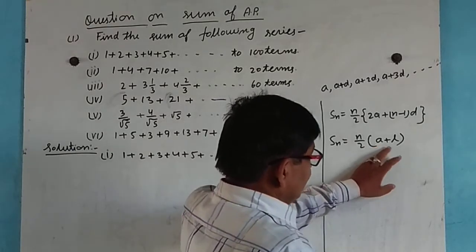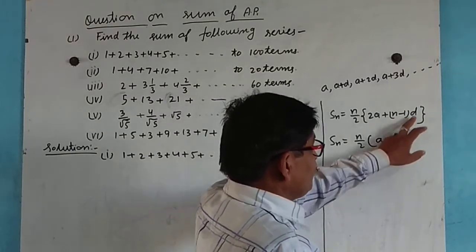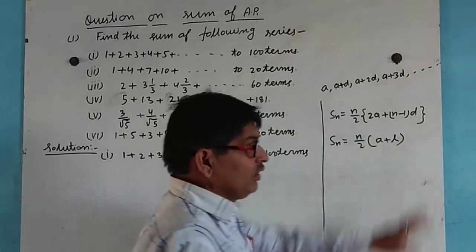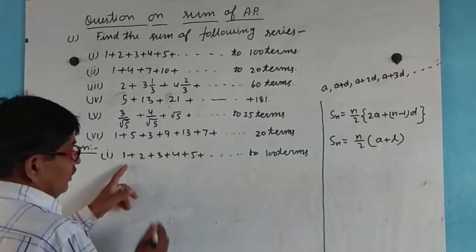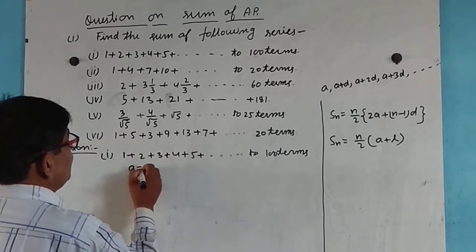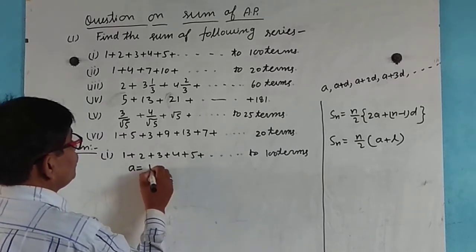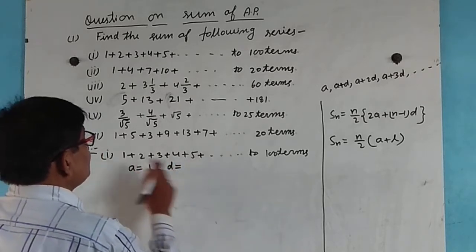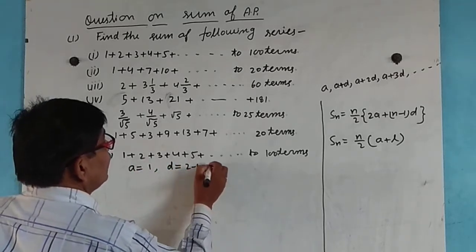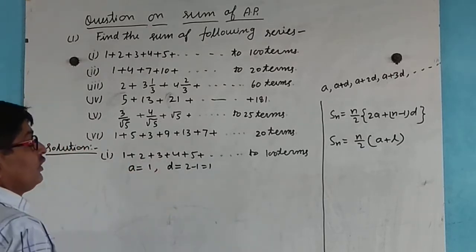In this case, d is the common difference. Here a is the first term, a equals 1, and common difference d is 2 minus 1, that is 1, 3 minus 2, that is 1.